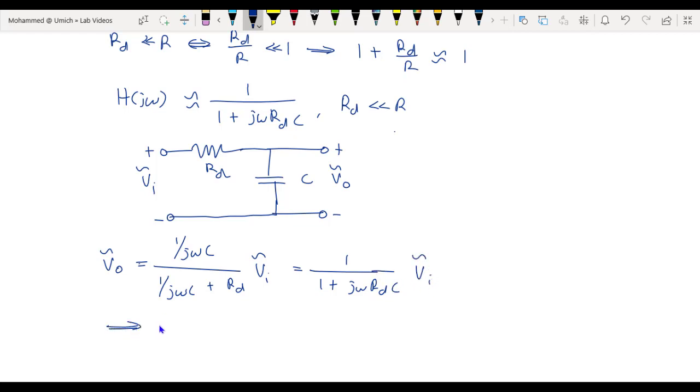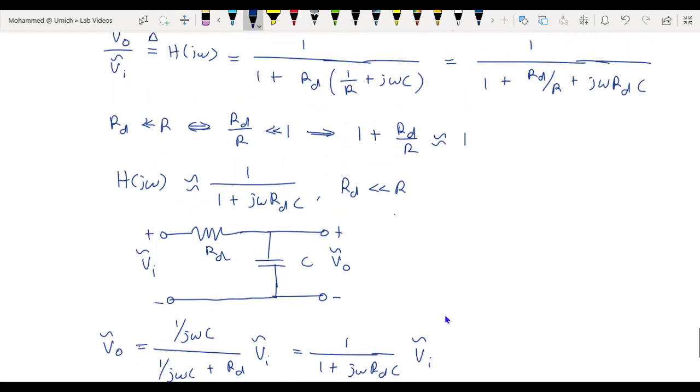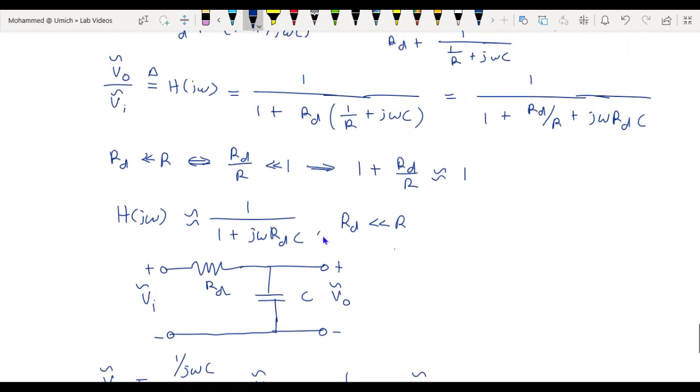This means that the ratio of the V_out phasor over the V_in phasor equals 1 over 1 plus j omega R_D times C. And this is the same frequency response function as that of our original forward biased envelope detector circuit, using the assumption that R_D is much less than R.